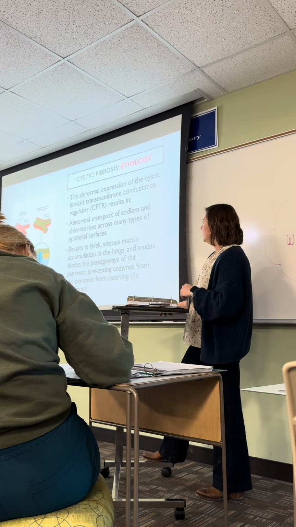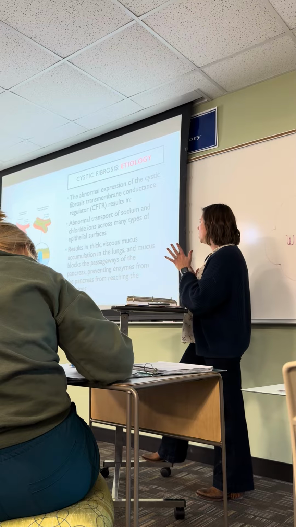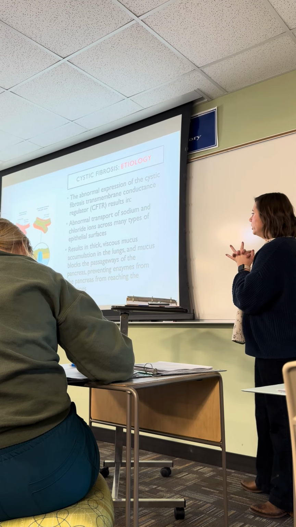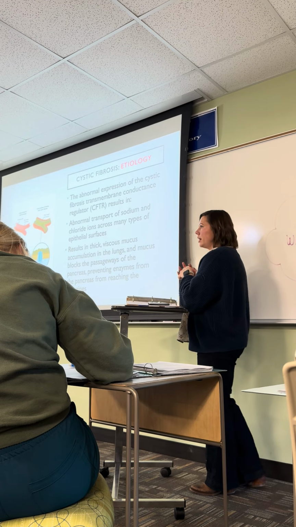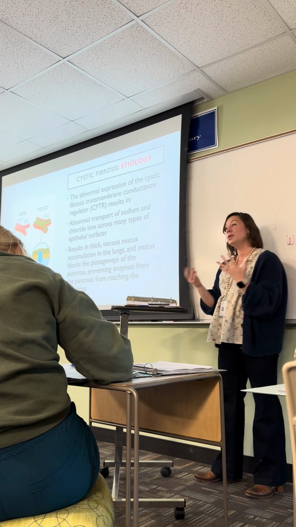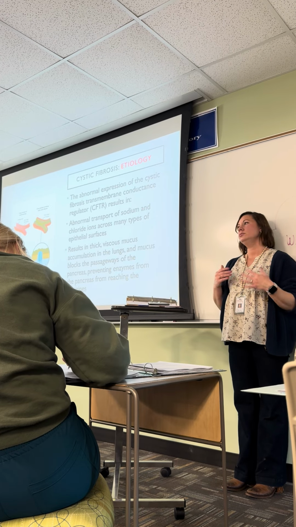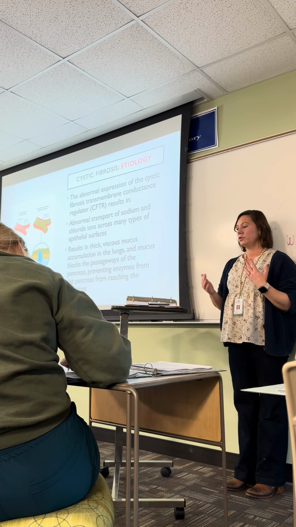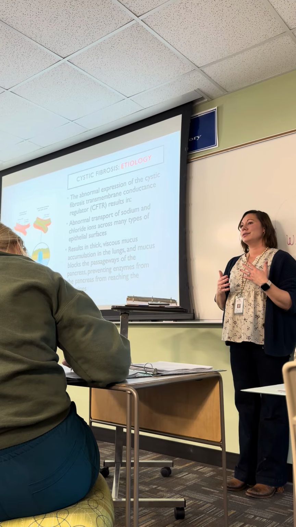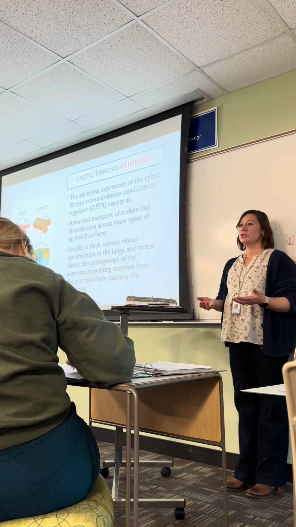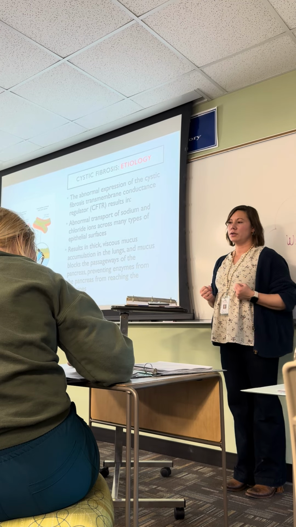This is happening in the lungs, but also the pancreas, and also reaching the intestines. So they have a lot of nourishment issues too. The pancreas has a lot of properties as far as epithelial cells and mucus, but their intestines that are lined with these cells are also not able to absorb a lot of nutrients.